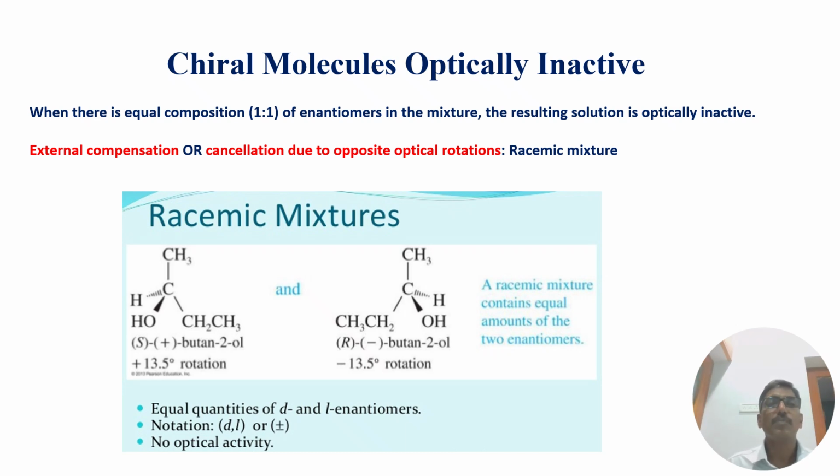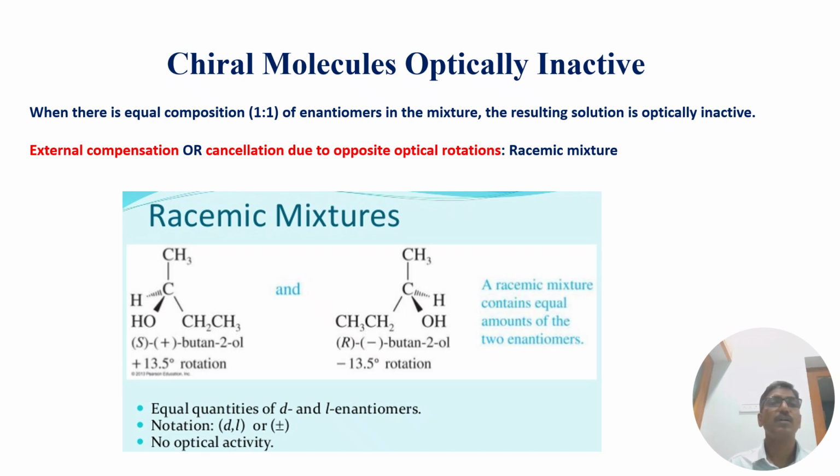Why are some of the molecules found to be optically inactive despite having a stereogenic center? There are various categories, but now let's see this particular example. When there is an equal composition, 1:1, of enantiomers in the mixture, the resulting solution is optically inactive.